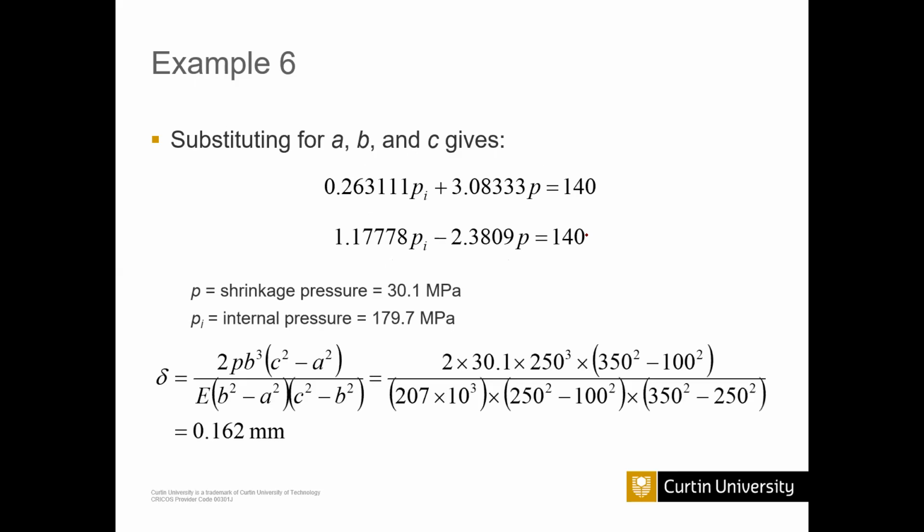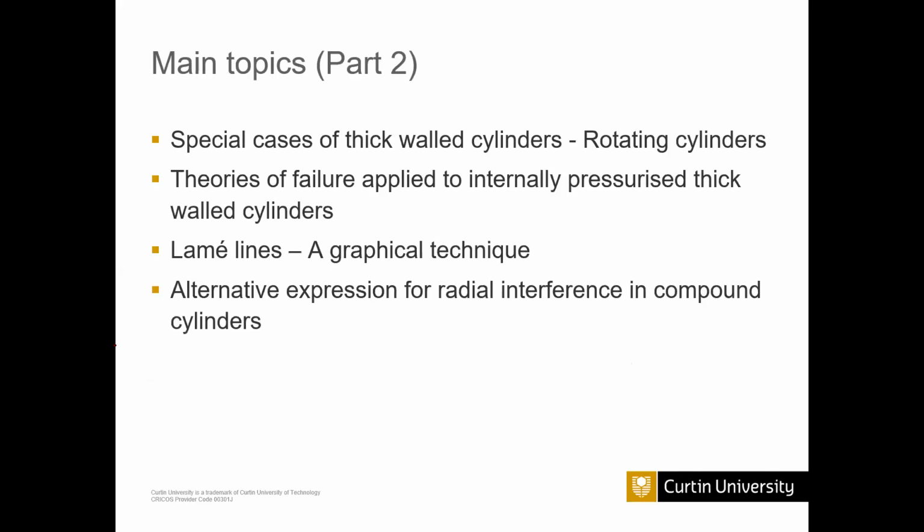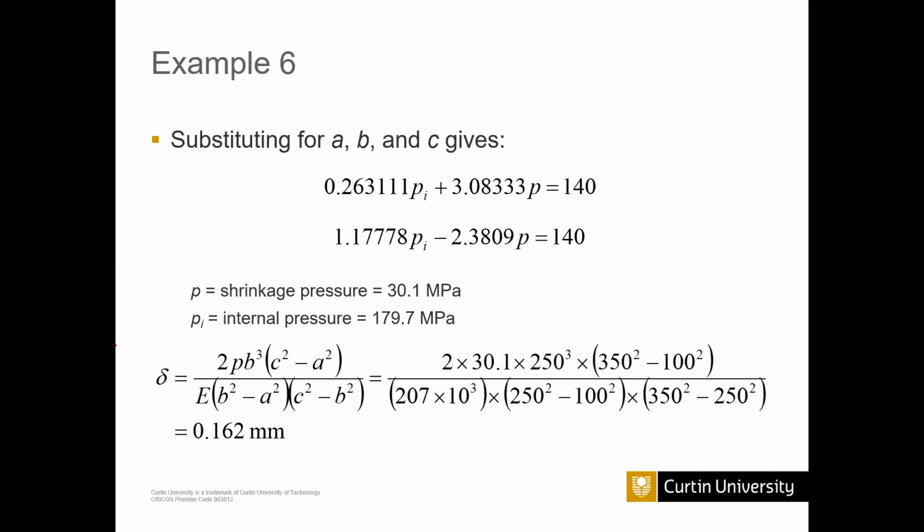Then the delta value you can find out, because we know the contact pressure here. So we know the equation for the contact pressure. So you can put delta on this side and P on this side, and you can get the delta value. Then if they ask for radial displacement or diametral displacement, you need to multiply this by 2.